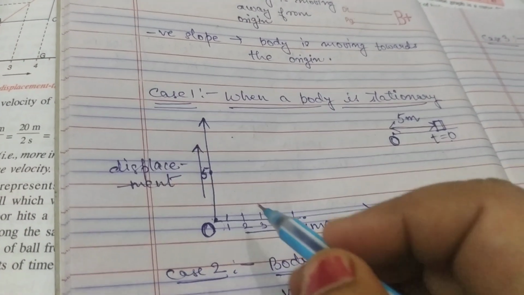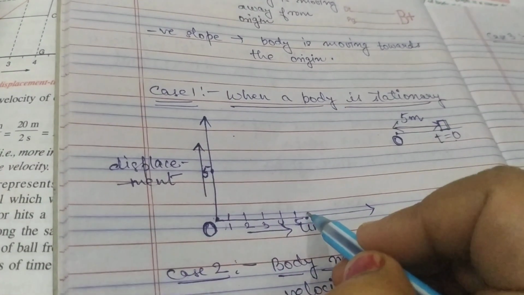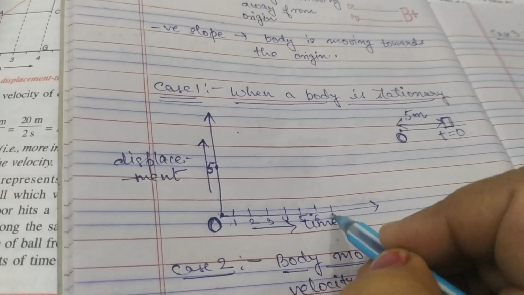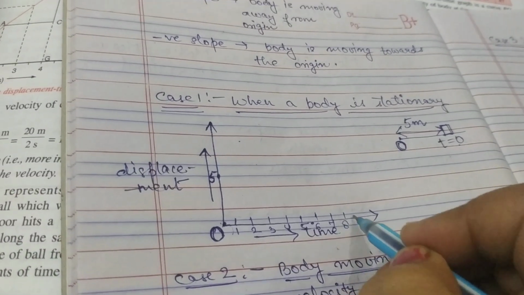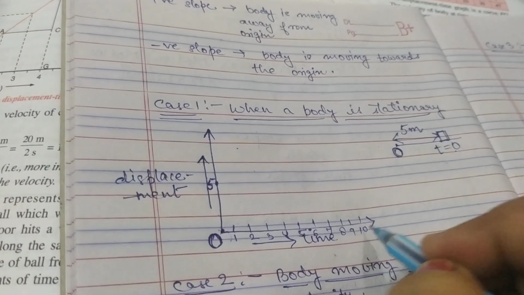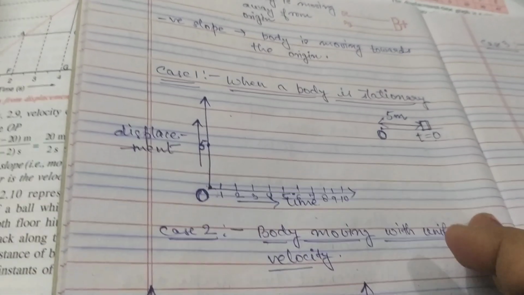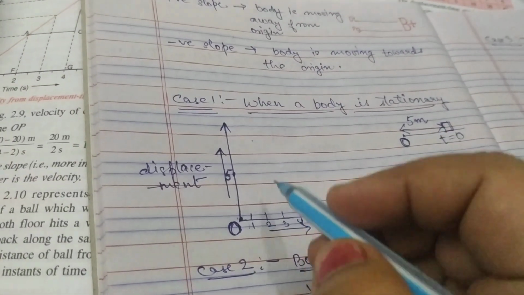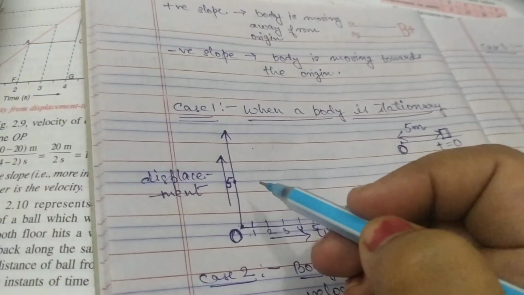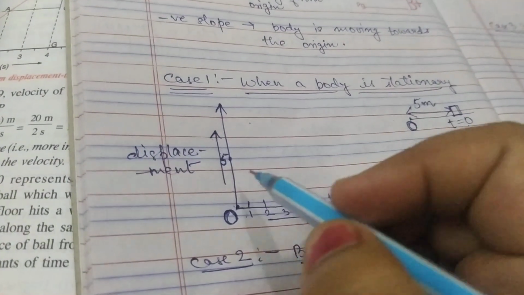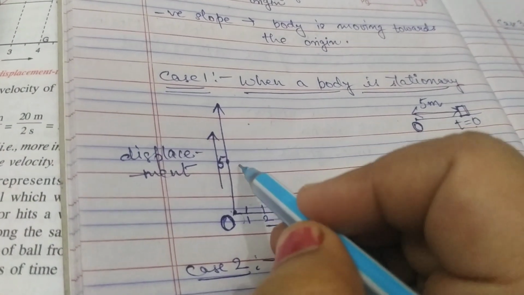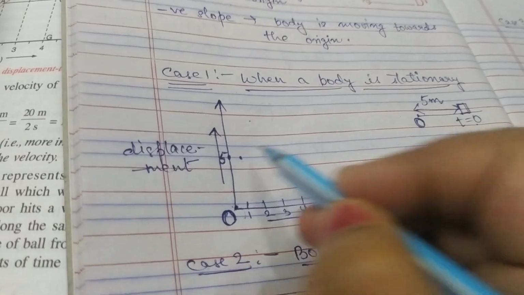Every time we are not going to mark these things. I am just telling you to make you understand this. Okay, so this will be marked like this. So at 1 second, when you started noting, observing the thing, so after 1 second also it will be having the same distance.